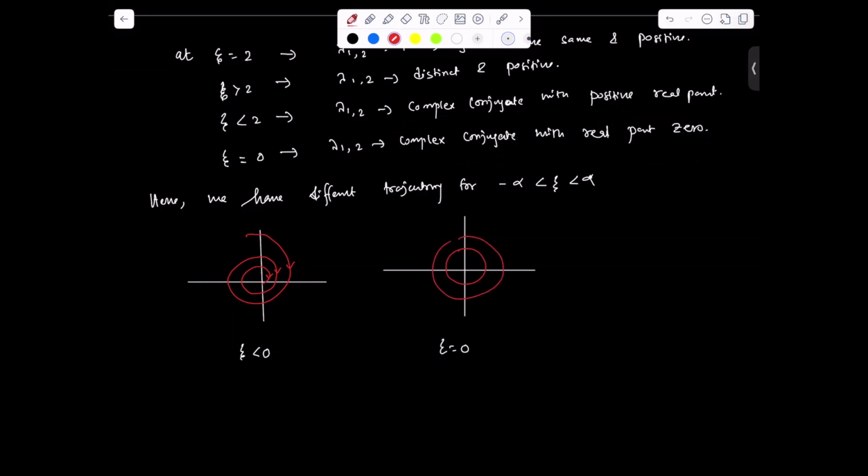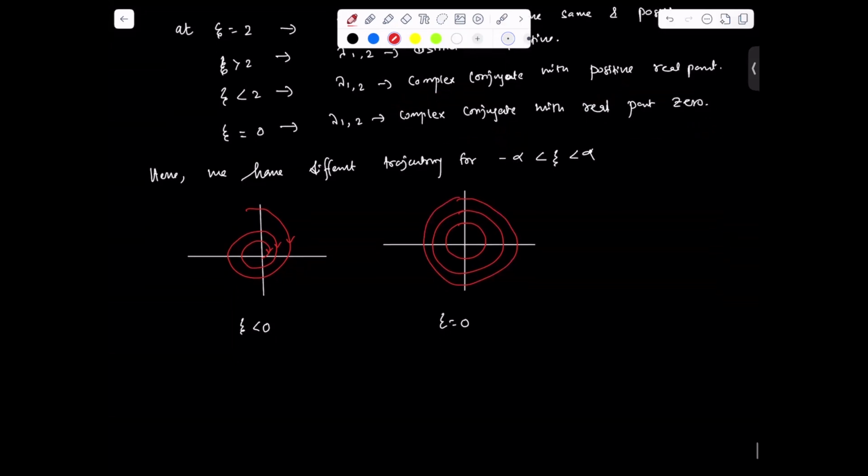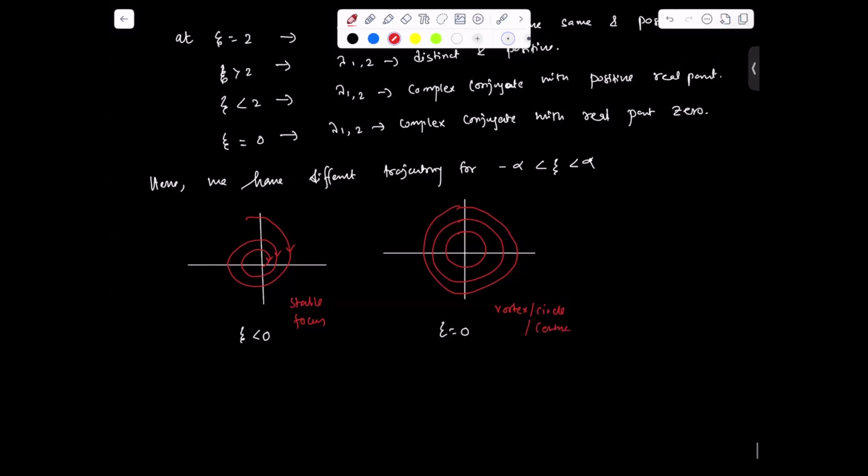For different conditions, we'll have different circles. So this is also called a vortex. So this is a stable focus, and this is a vortex or circle, or we can say center also, right?